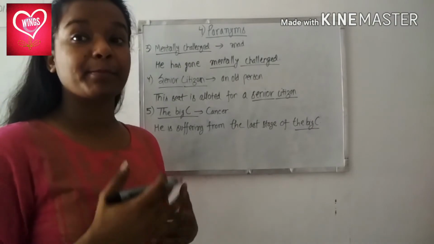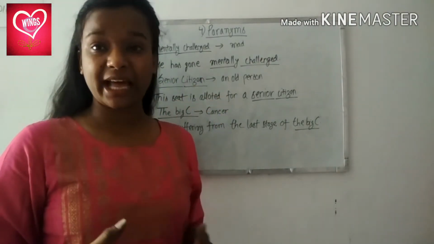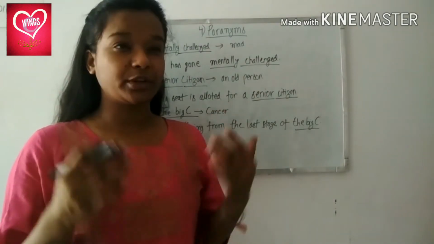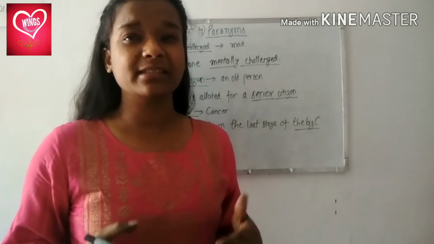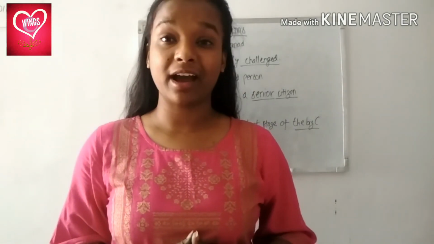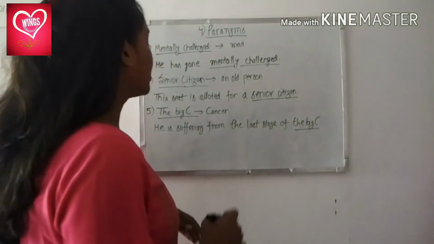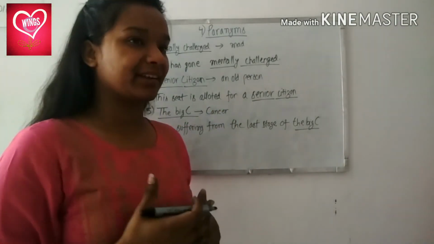Mentally challenged means mad. He has gone mentally challenged. I don't want to talk to him. That means he has gone mad. Mentally challenged is a polite and indirect way of saying it.